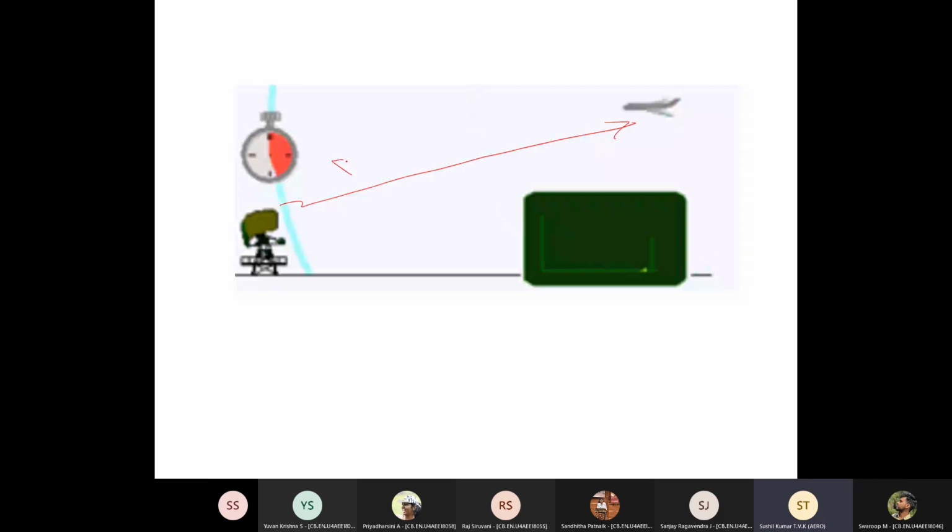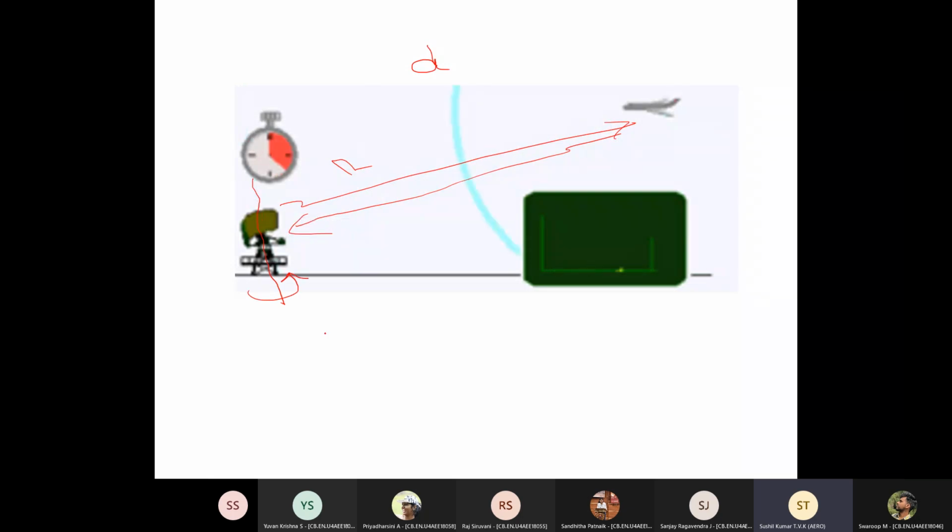It's just a pulse which goes and then gets reflected back. Then you find the time taken for this round trip travel, and then divide by 2 into the speed of light will give you the distance. So primarily we are worried about the distance, and depending on which angle the antenna is pointing, but this is rotating around this axis.